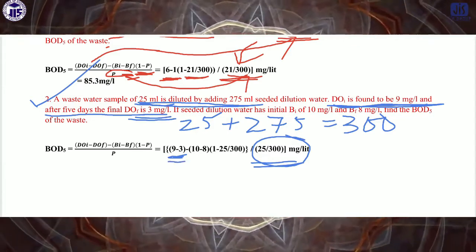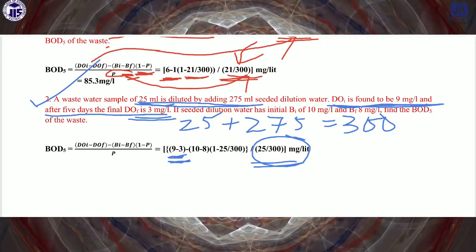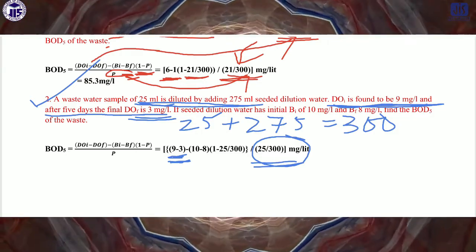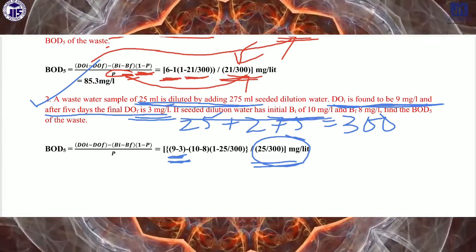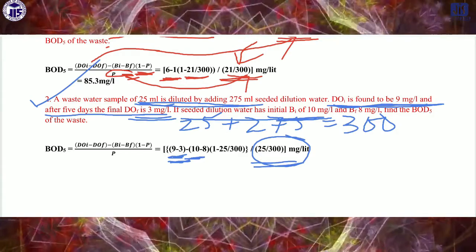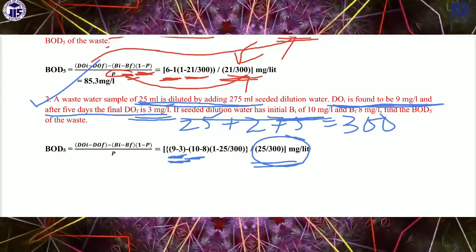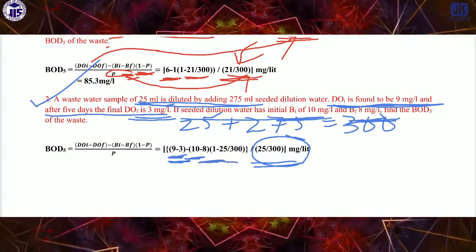So 9 minus 3 here. Then for seeded dilution water, initial BI is 10 milligram per liter, and BF equal to 8 milligram per liter. So 10 minus 8 here.